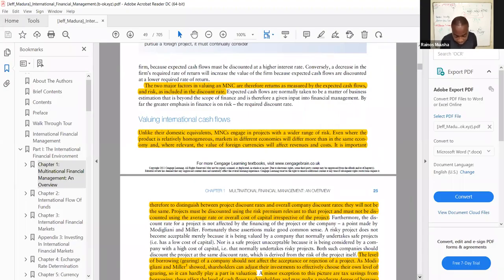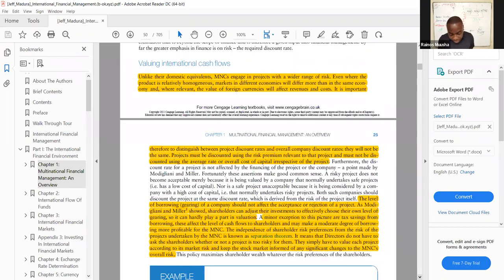So it is important, therefore, to distinguish between project discount rates and overall company discount rates. They will not be the same. So projects must be discounted using the risk premium relevant to that project and must not be discounted using the average rate of overall cost of the company. So irrespective of the project.